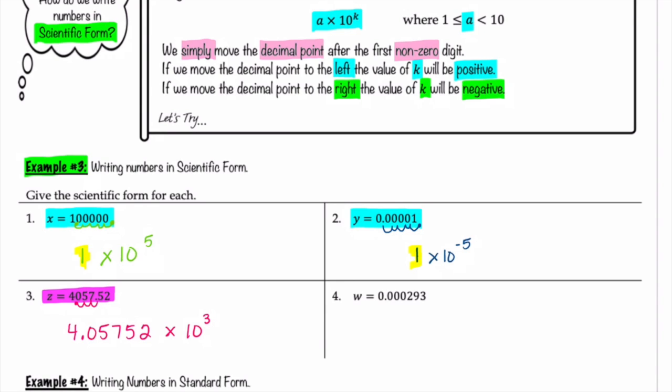And last one here, w is equal to that very small number, moving the decimal place 4 spaces, changing my a value. A is a number between 1 and 10. Let's look at example 4.